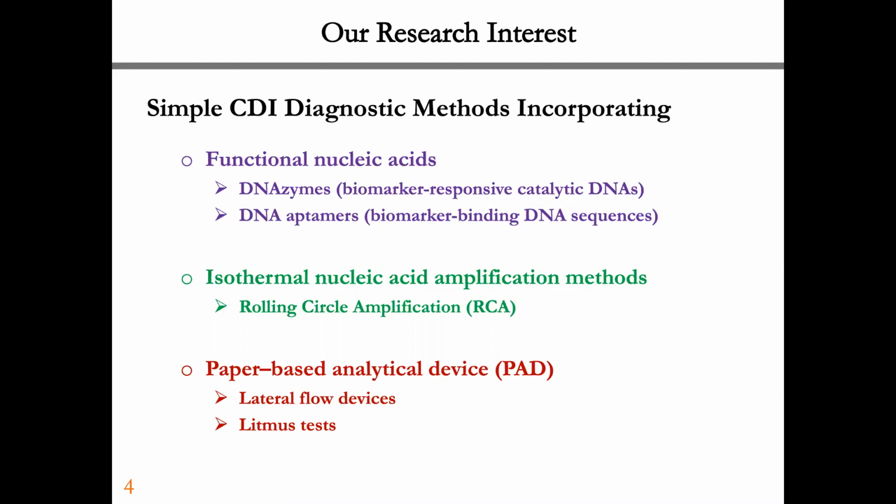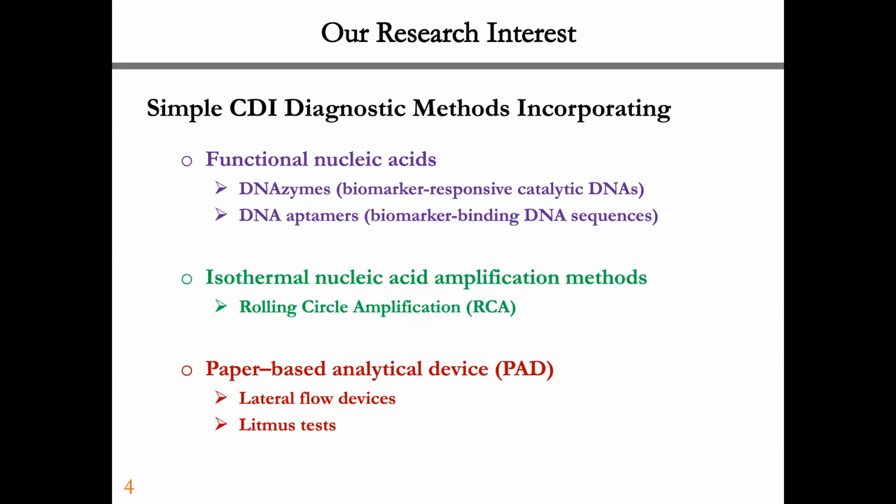But most of these tests are for simple things like pH, or pregnancy tests for hormones and so on. So there is still fairly limited availability for these types of tests on the market. So we thought we would like to do something like this. And Jacqueline mentioned the sensitivity, and the most sensitive tests involve amplification.